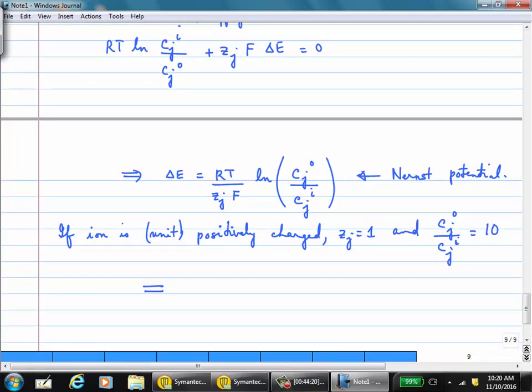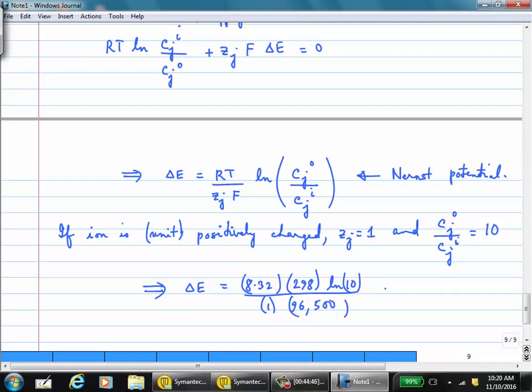I gave you the values for all this, Faraday's constant, universal gas constant and so on. Then you calculate, you get delta E equals 8.32 times 298, because the temperature, let's say, is 25 degrees Celsius, which in degrees Kelvin is 298. It's 298 times the natural log of 10, divided by 1 times 96,500.